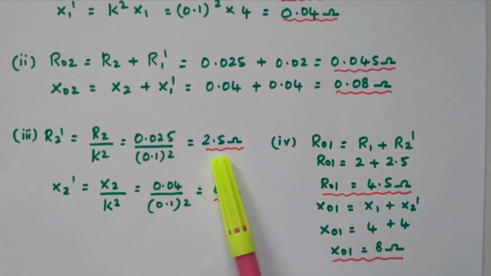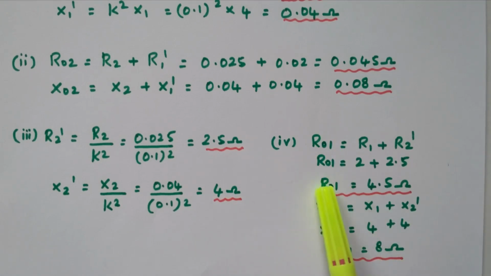R2 dash we just calculated as 2.5 ohm. So it is 4.5 ohm. Similarly, X01 equal to X1 plus X2 dash. X1 is given as 4 ohm. X2 dash we calculated, that also is 4 ohm. So totally it is 8 ohm. So this is the equivalent resistance and reactance referring to the primary winding.